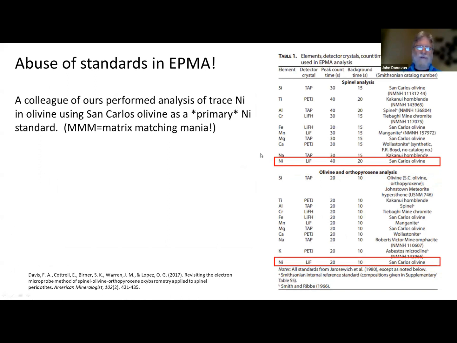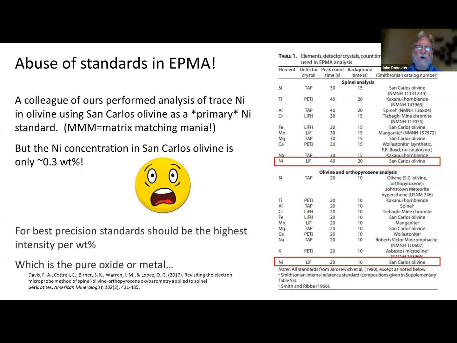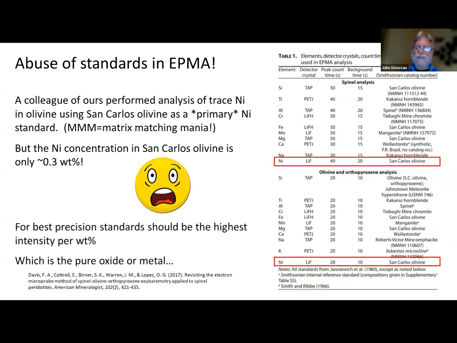It's a tiny amount, and so this is going to produce problems statistically, right? If you examine the detection limit equations, you will see that you want to have a standard which is the highest concentration of the element, and the effect of the matrix correction on that trace element is negligible.